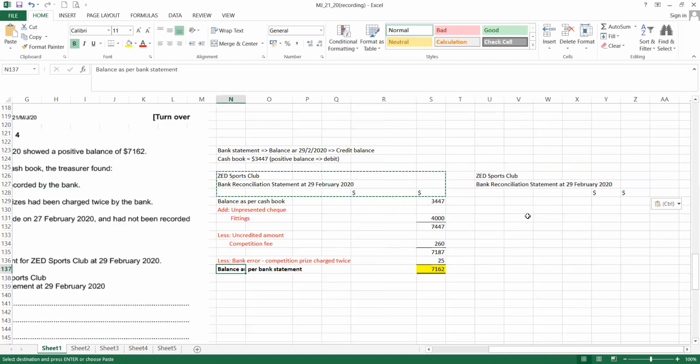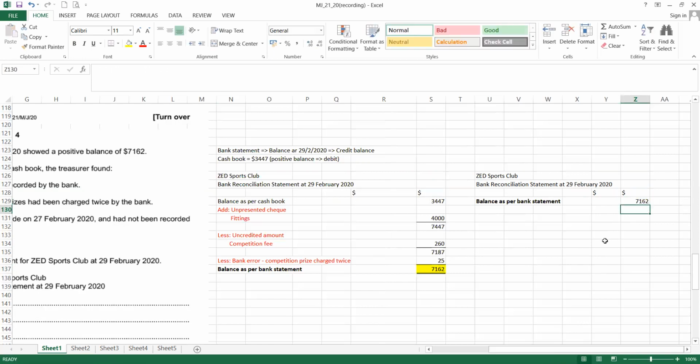If you want to start from the bank statement, this amount 7,162, in this situation you should add. It's just like using the mathematic way to do the question, uncredited amount. So this competition fee should be added, because this is seen from the cash book point of view. You do this recording.